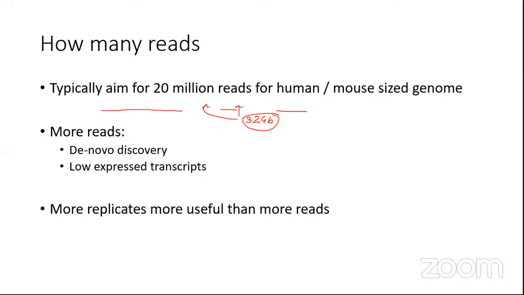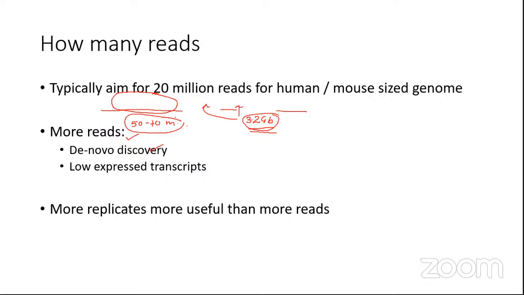So if you have a genome size of this, this is the optimal number of reads we have to choose. If we are doing some de novo discovery, we would like to see some novel transcripts, then 50 to 70 million reads or more. Even in the case of lowly expressed transcripts, this is the optimal amount of data we have to generate.